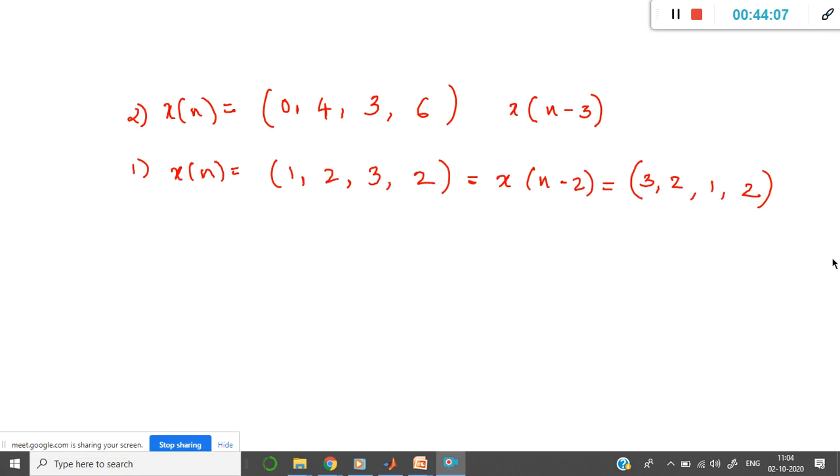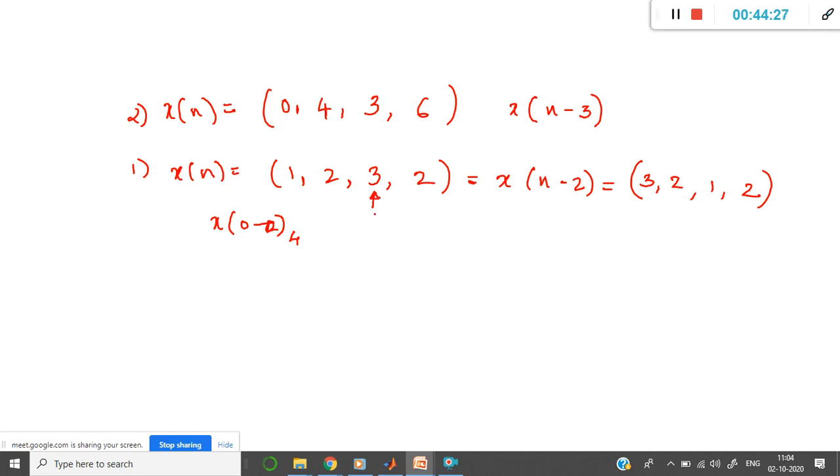You can observe here, in the previous case, just obtain the value of the first sequence. This is how I call it a circular shift. The previous example was 0 minus 2, which means 4 minus 2, the second position.